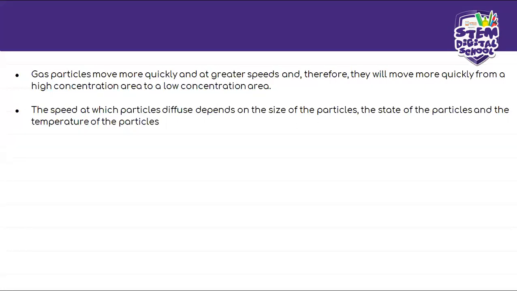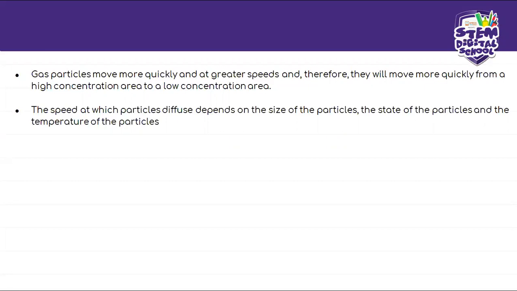So if the object is hot, then it means the particles have more, or high, kinetic energy to move about. So if they have high kinetic energy to move about, it means the rate of diffusion will be high.